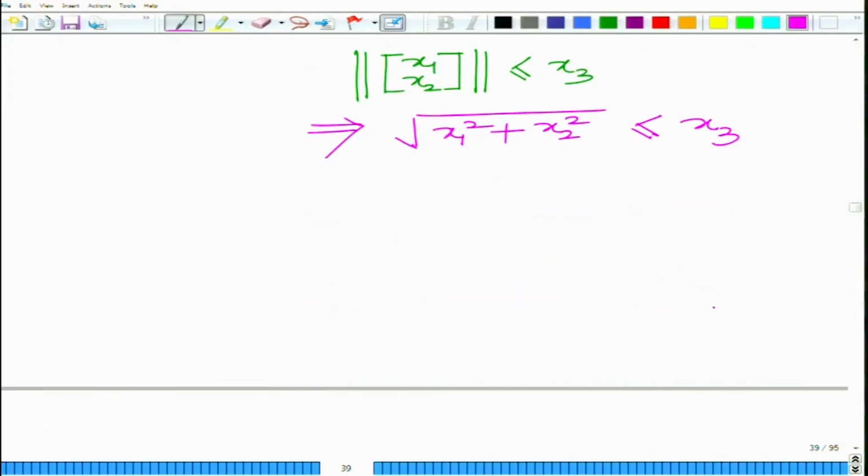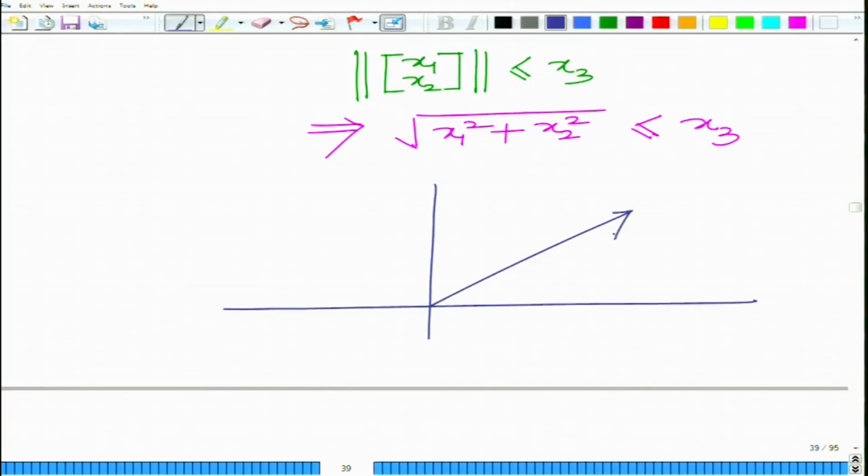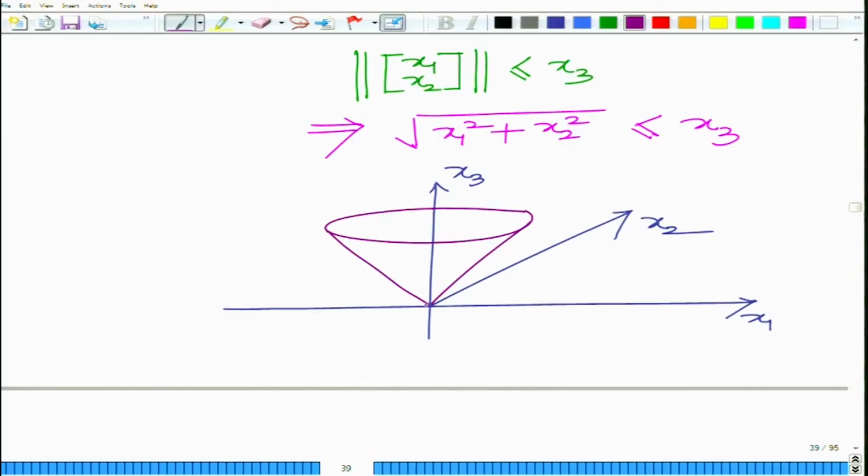And if you plot that in 3 dimensions, with x1, x2, x3 axes, it looks similar to the shape of a classical cone that we are all familiar with. This is the 3D cone.